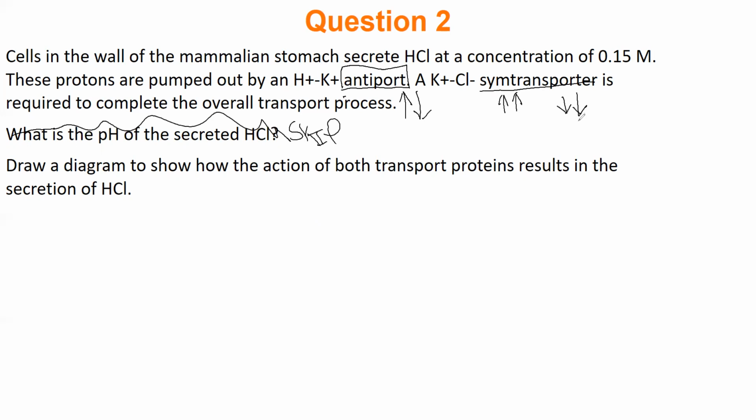So draw a diagram showing what direction these are pumping these ions based on this description here. I'll give you a minute to figure this out, and then I will draw it for you.